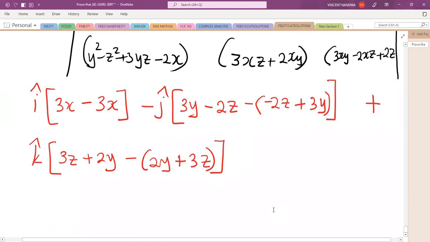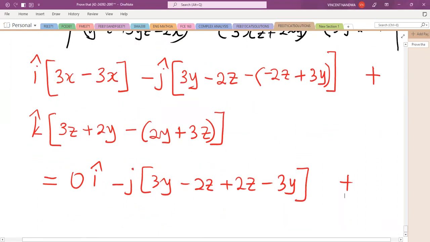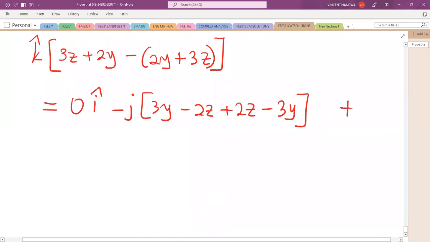Now, clearly 3x minus 3x is 0, so we'll have 0 i, minus j times (3y minus 2z, minus is plus 2z, then minus 3y), plus, for k, the k vector multiplied by (3z plus 2y minus 2y minus 3z).